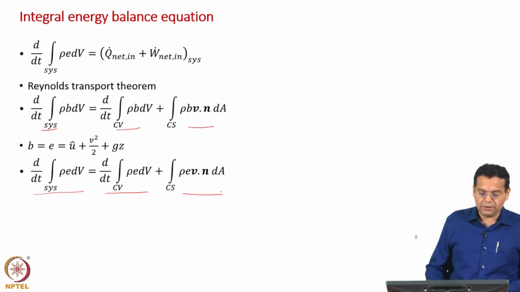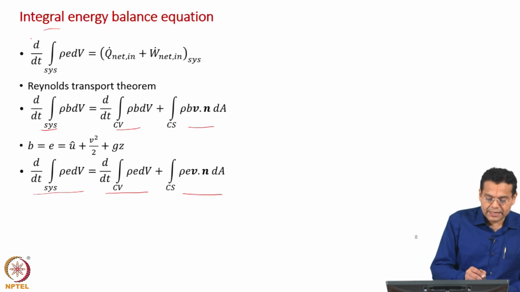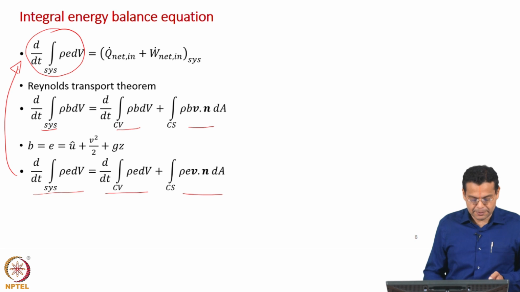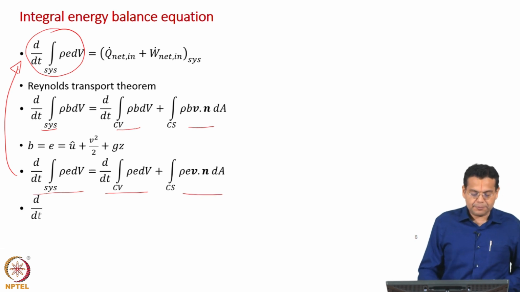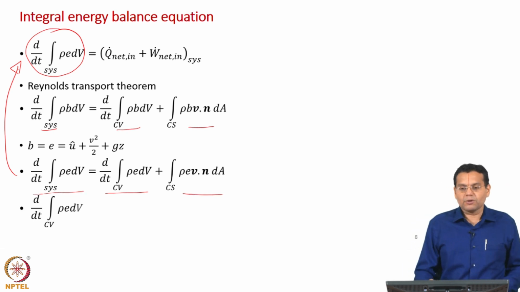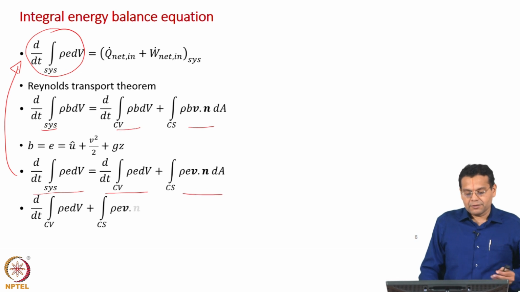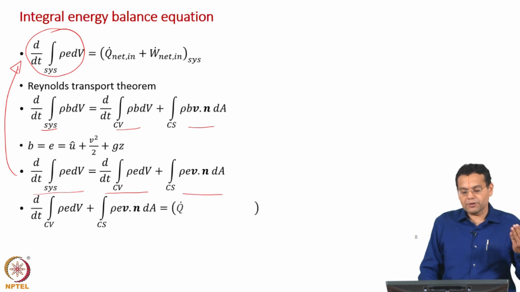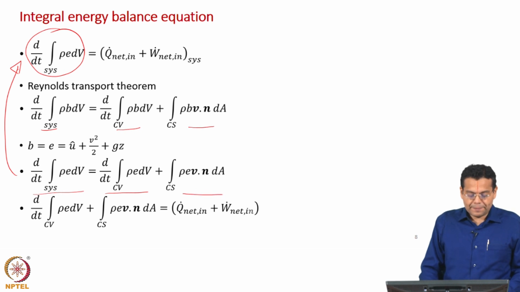So, now what are we going to do? In the left hand side of the law of physics, we are going to use the Reynolds transport theorem, so that it gets expressed in terms of control volume and control surface. We are doing it the third time, first time for mass balance, second time for momentum balance, now for energy balance.